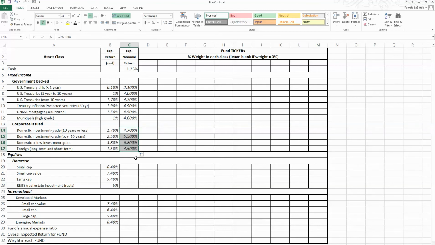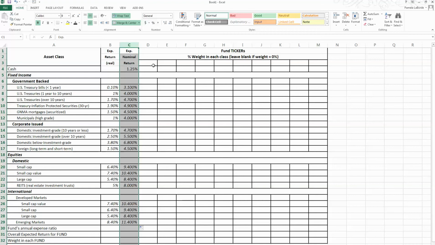I don't know why it didn't like that. So column C contains my nominal expected returns for all the different asset classes from the Portfolio Solutions website.